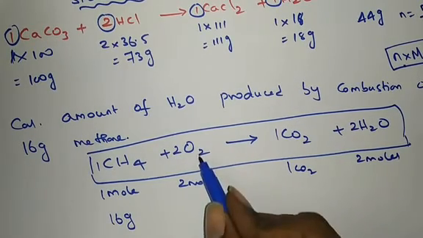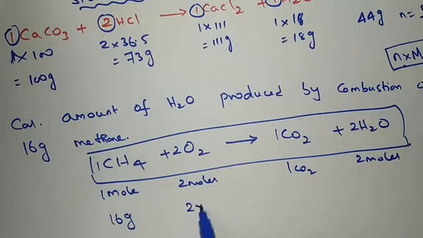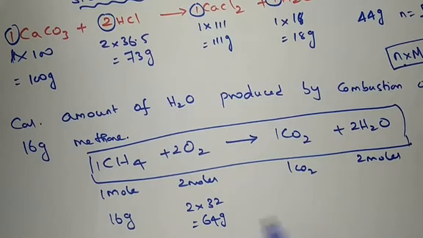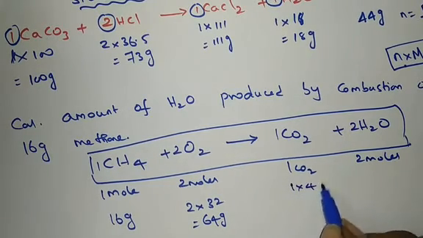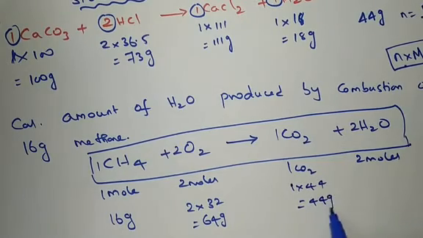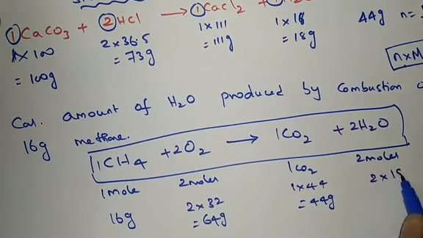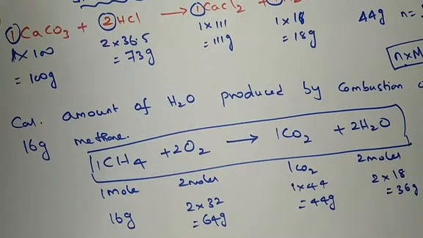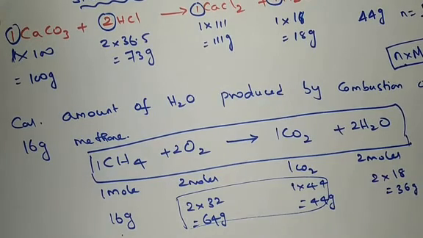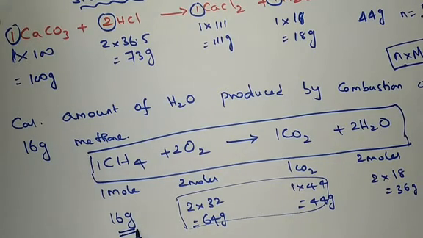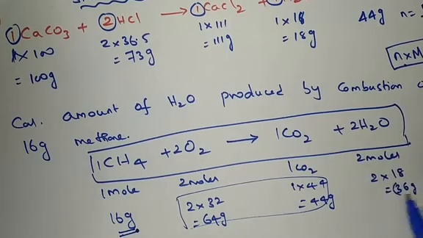And 2 moles of oxygen means 2 into its molecular weight 32, equal to 64 grams. 1 mole of carbon dioxide is 1 into 44, equal to 44 grams. 2 moles of water means 2 into its molecular weight 18, equal to 36 grams. But the question is related only to methane and water, so we don't bother about these two. So 16 grams of methane on combustion gives 36 grams of water.